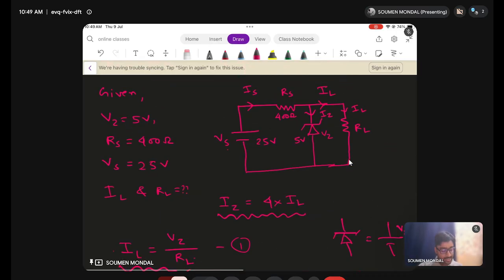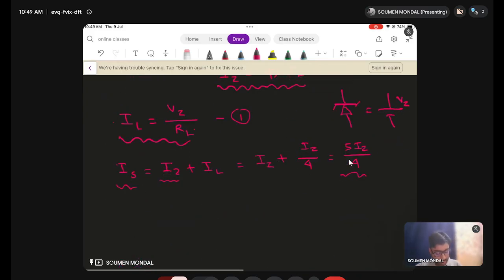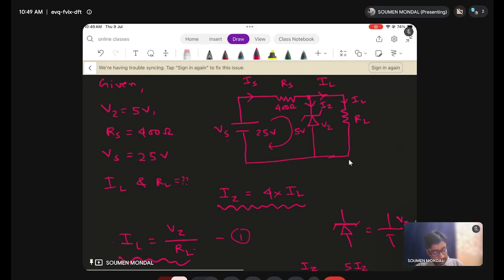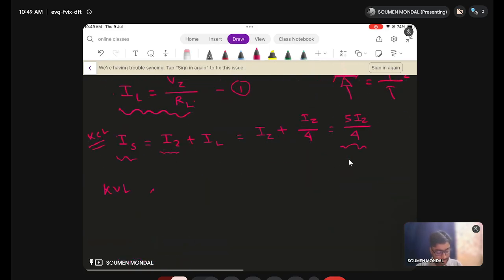Now I have Is. If I apply a simple KVL here, I can very easily get the value of Iz. So here we apply KCL at node N1, and here we are applying KVL at loop L1.